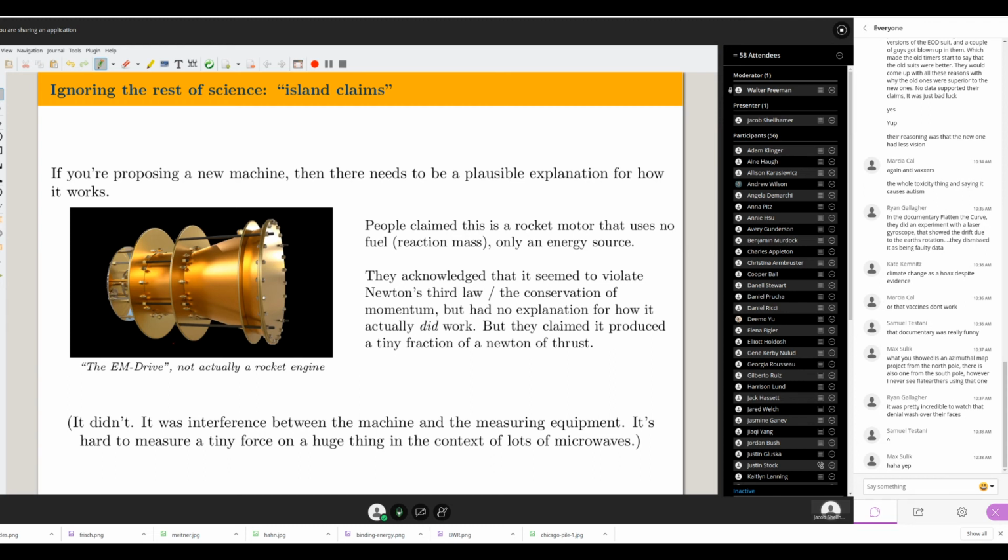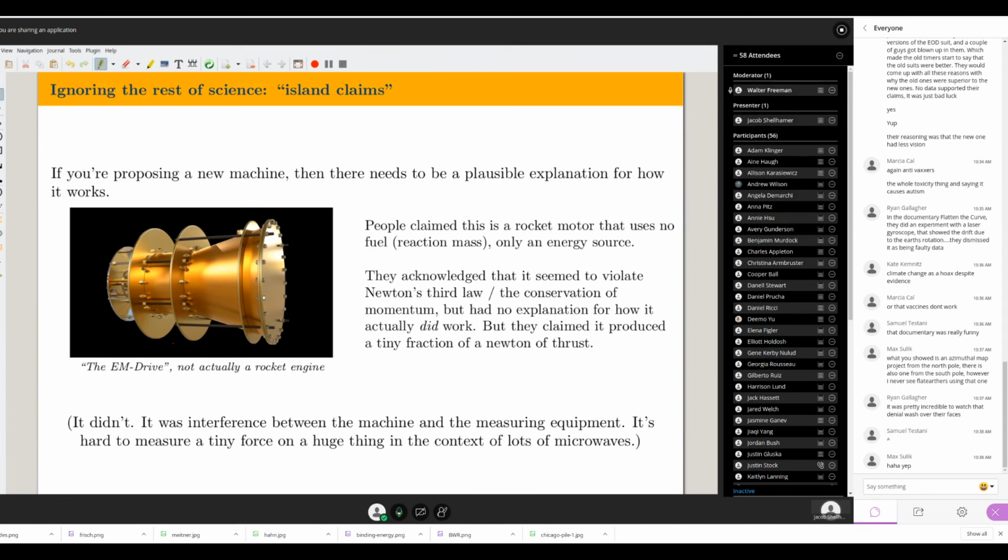Newton's third law and the conservation of momentum are related. They couldn't explain how it really did work, but they said that it did. So people making outlandish claims need to have a proposal for how this thing is at least compatible with all of the things that we have measured over centuries.